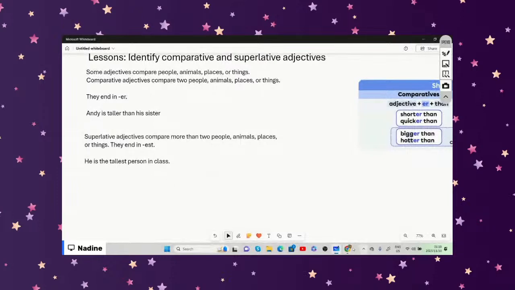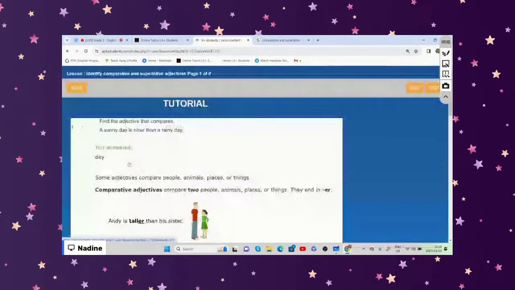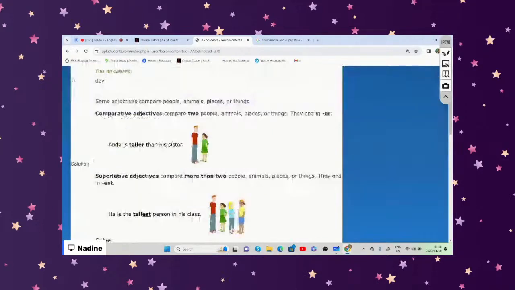So now we're going to aplusstudents.ca, and we are going to go to our lesson where we identify comparative and superlative adjectives. We said some adjectives compare people, animals, places, or things. So we first say that this person is tall.